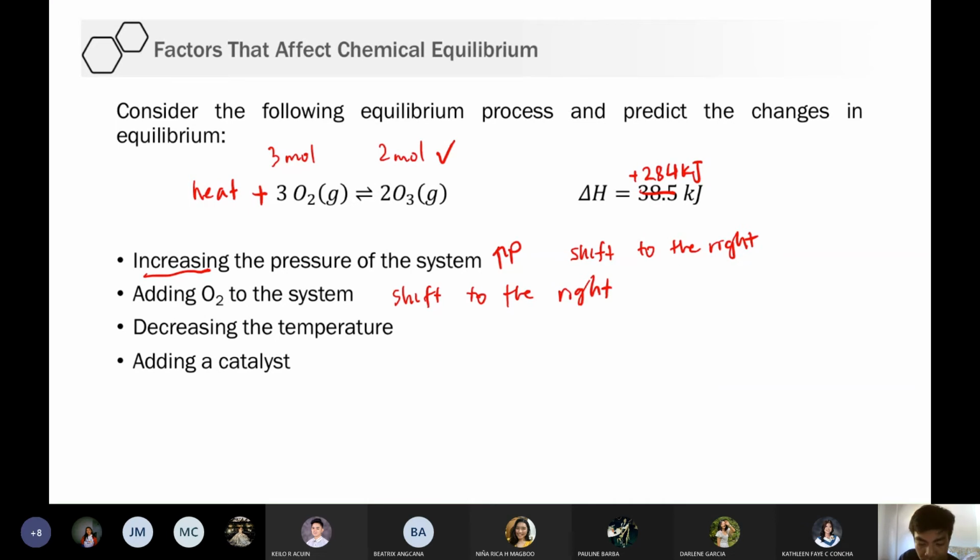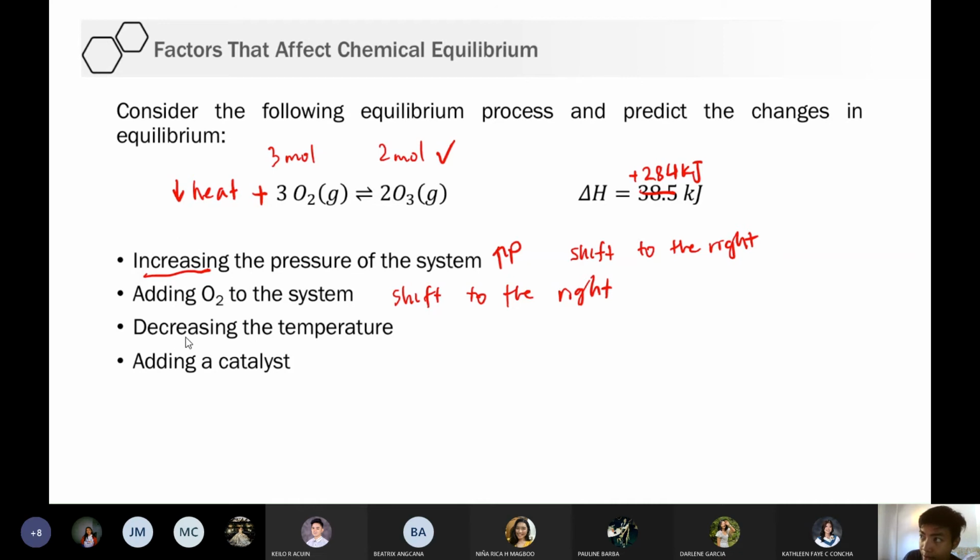How about letter C, decreasing the temperature? If you decrease the temperature, you reduce heat. By lowering the amounts of the reactant, the equilibrium will shift to the left.